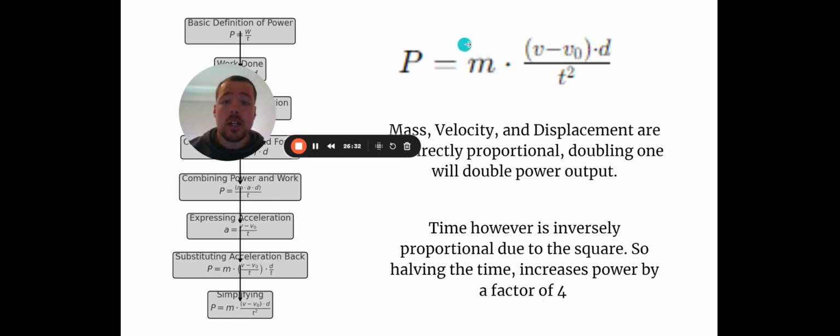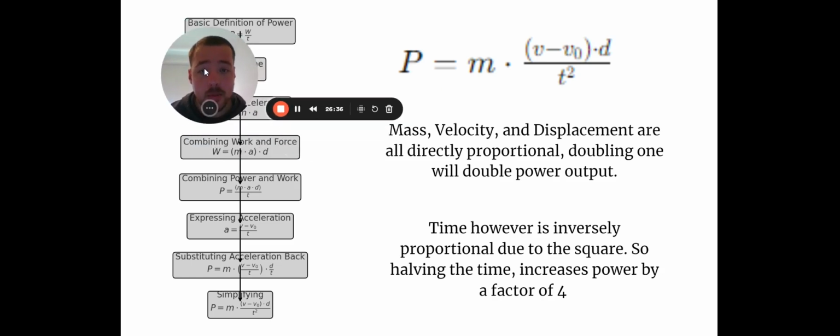Mass, change in velocity, and displacement are all directly proportional to power. Meaning, if you double one of these variables without changing any other variables, power will also double. It's a one-to-one relationship. Everything stays the same, but you double mass, you will double power.